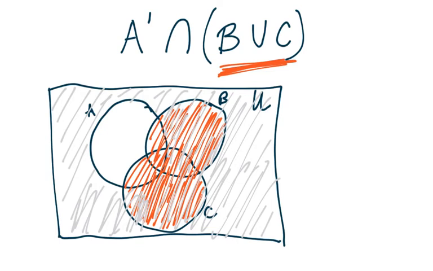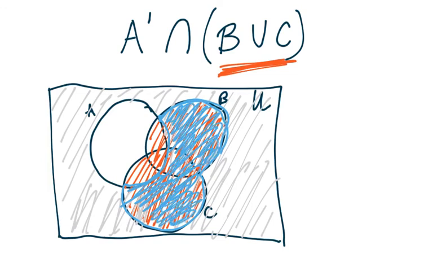So I'm going to take blue and outline what has both the red and the gray shading. It has to have both in order to count for the intersection. So that shaded region shows us the intersection of A complement with the union of B and C.